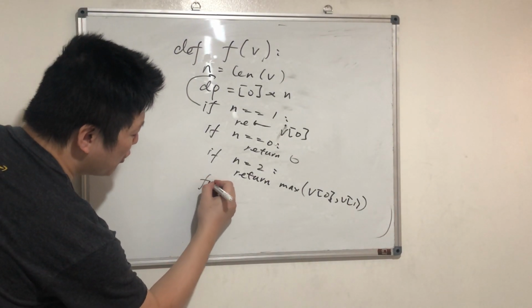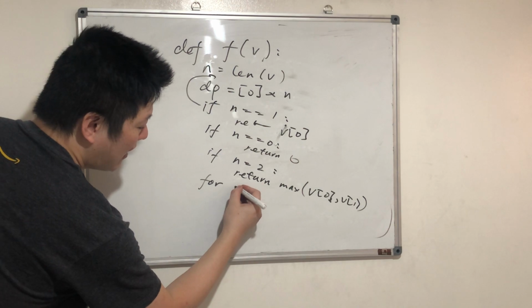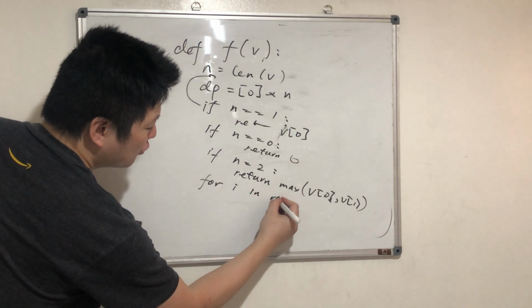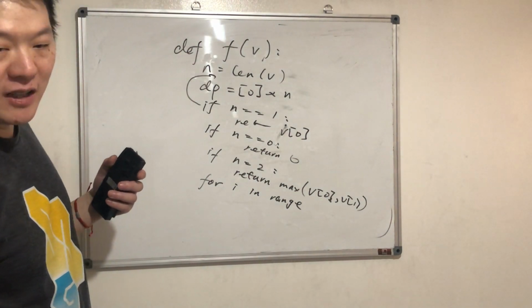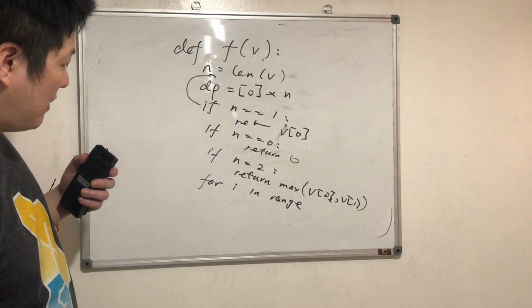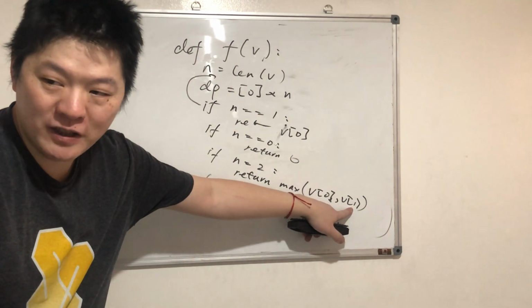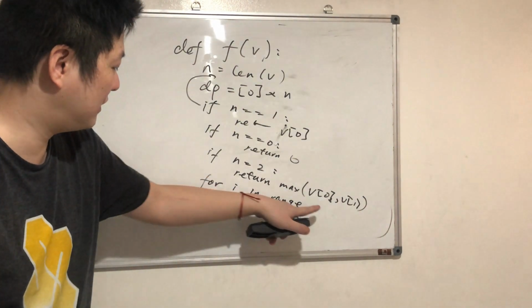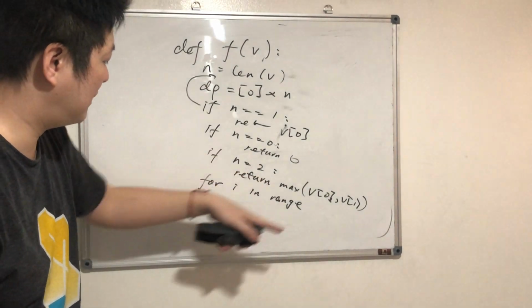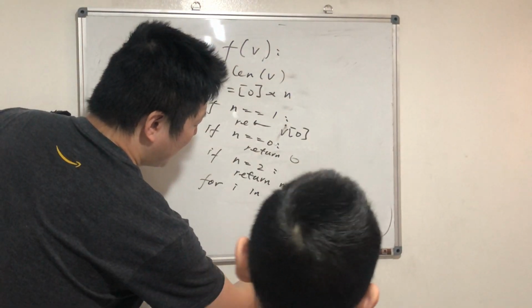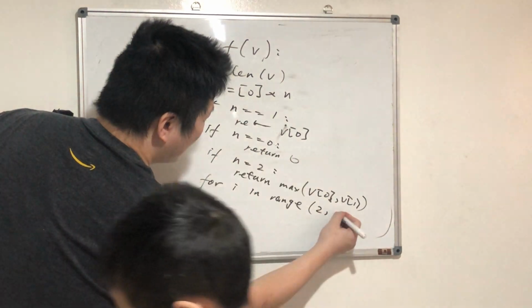And then we can loop it. For i in range, start from what? Starts from number 2, v2, start from 2 and then n.